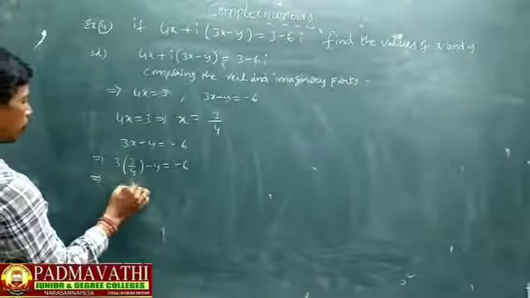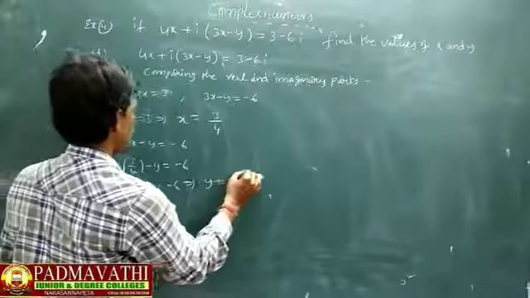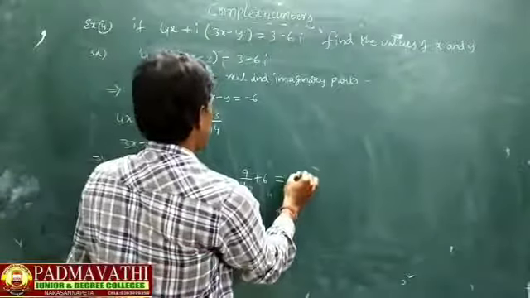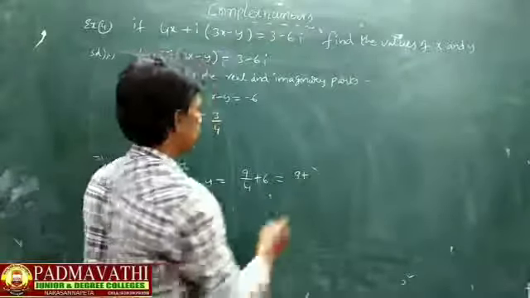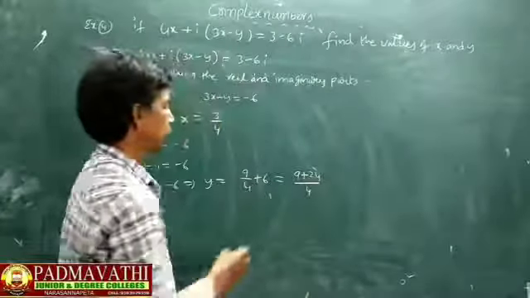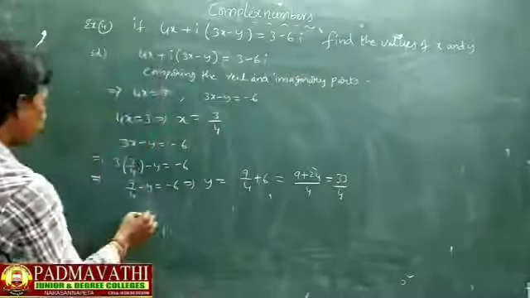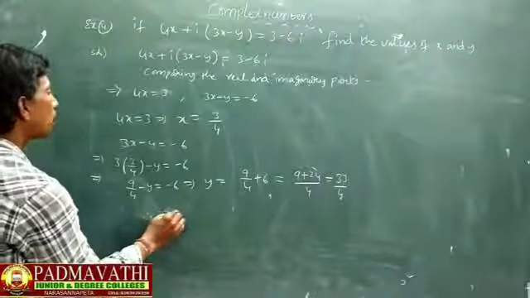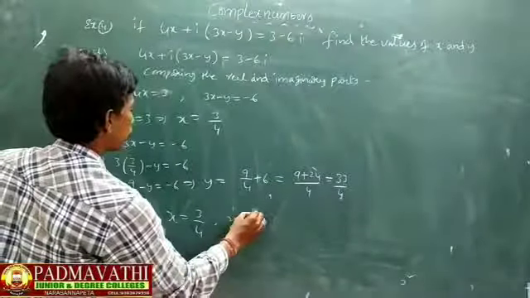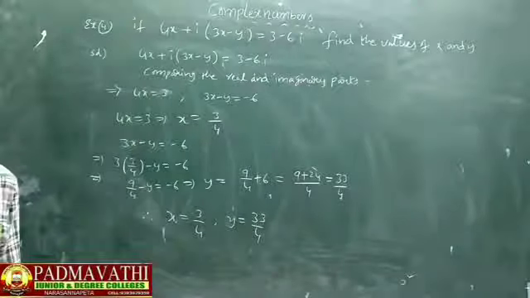Now 9 by 4 minus y equal to minus 6 implies y equal to 9 by 4 plus 6, 9 plus 24 by 4, that is 33 by 4. Therefore, x equal to 3 by 4 and y equal to 33 by 4. That is the required values of x and y.